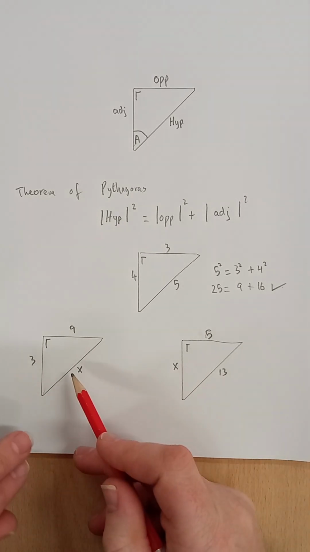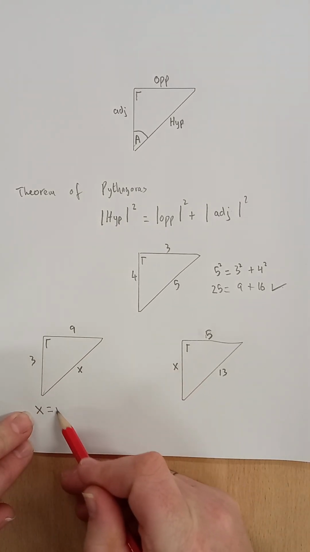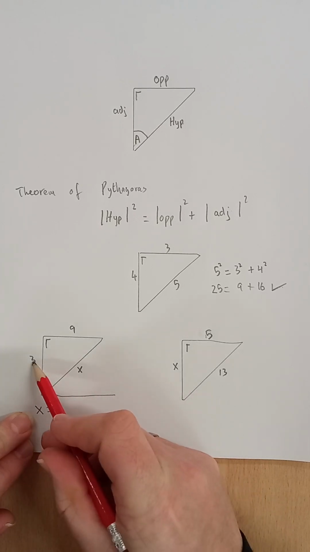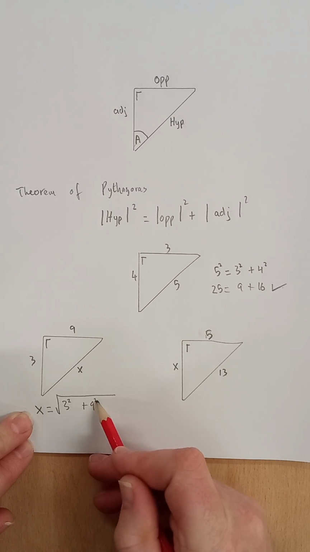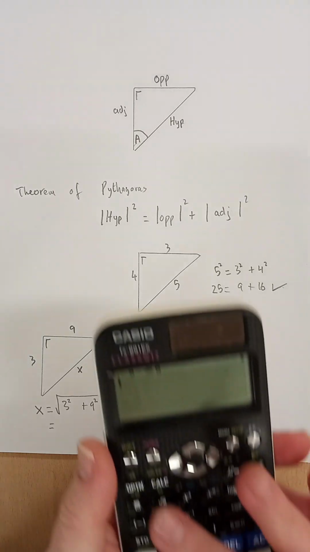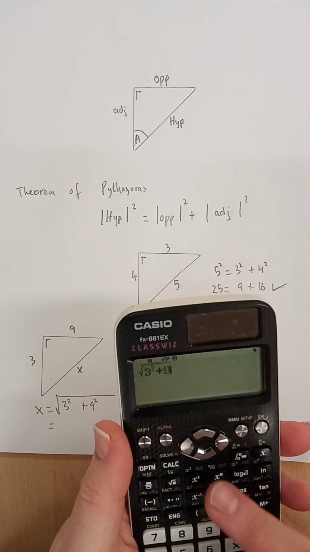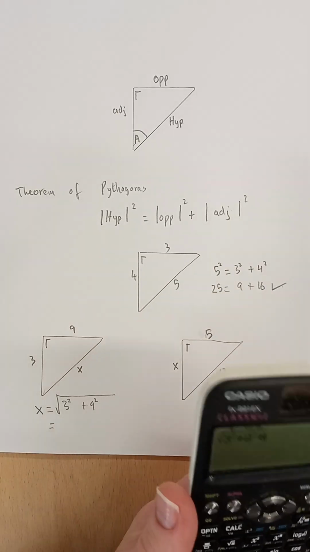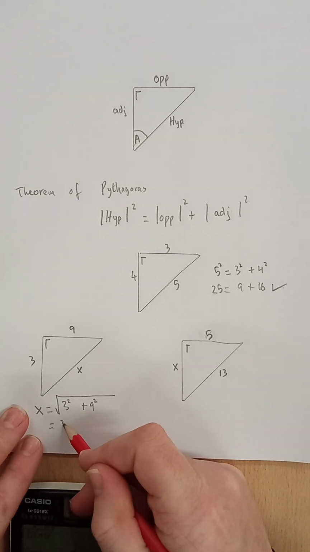If the longest side is missing, to find it you just get the square root of the sum of the squares of the other two sides. And there's your answer, 3 root 10.